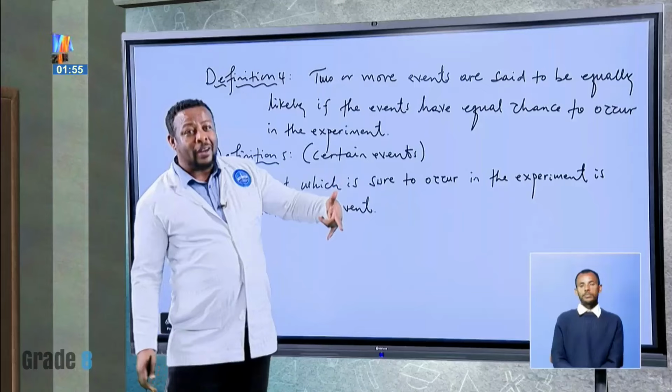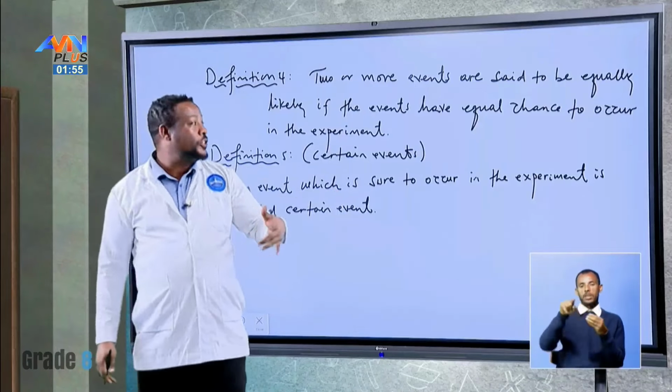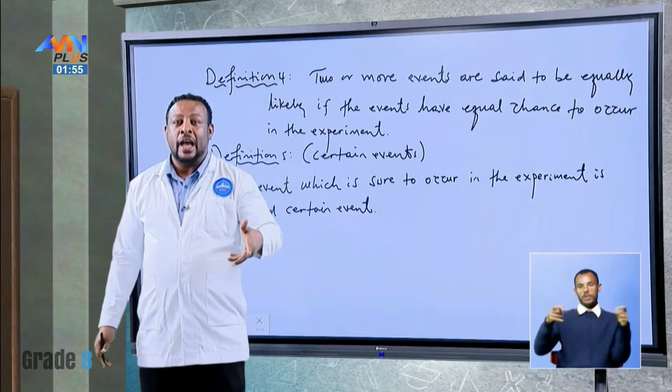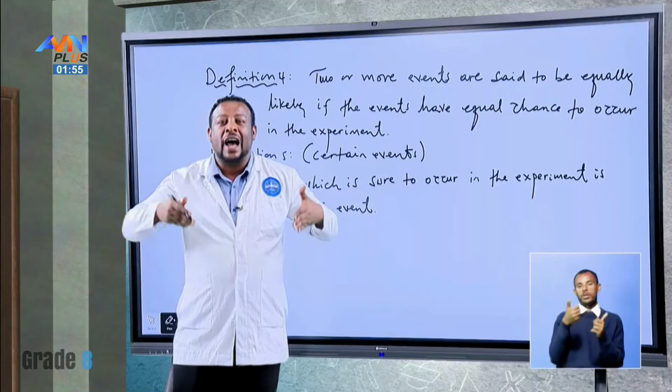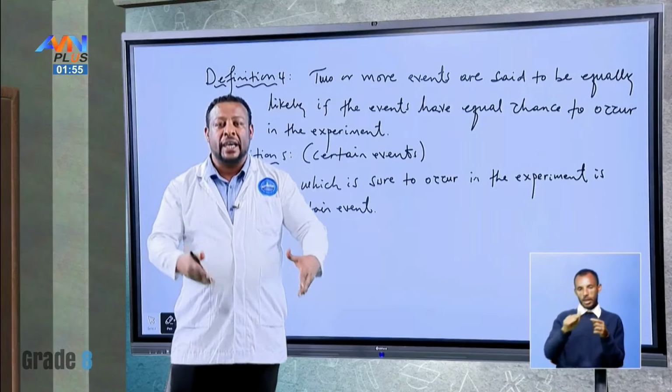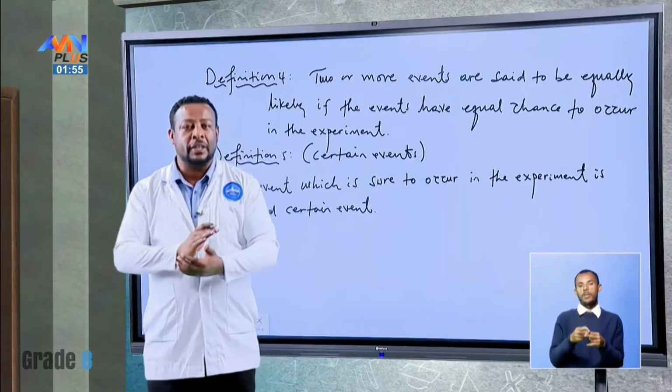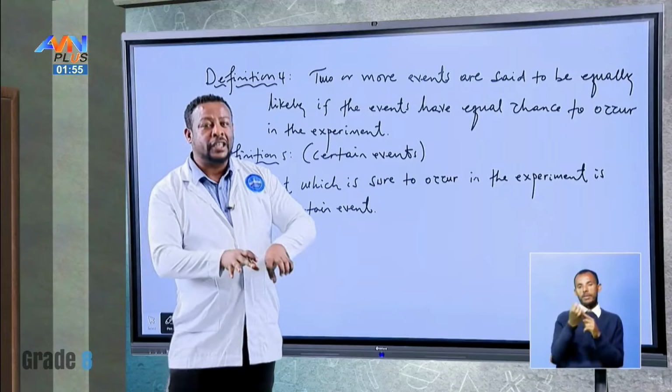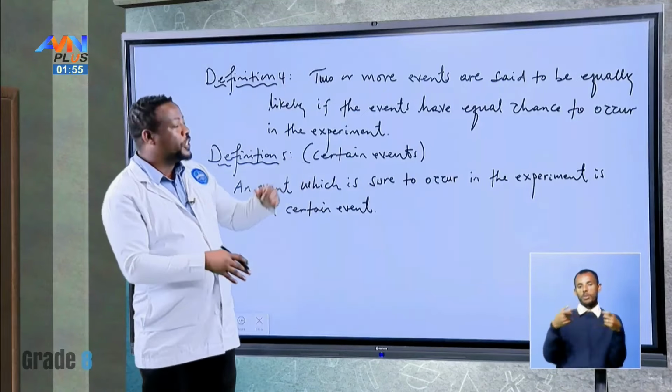The next one is about the opposite of a certain event. An event which cannot occur at any performance is called an impossible event, which is completely opposite to definition 5.